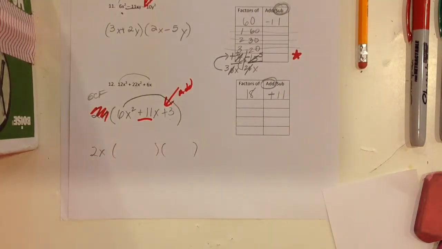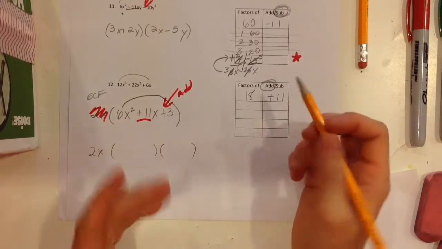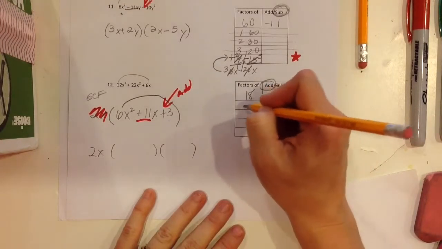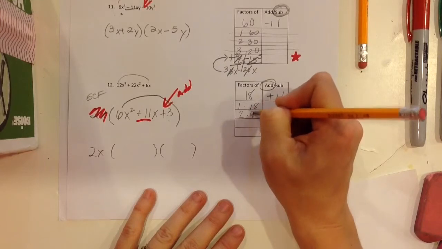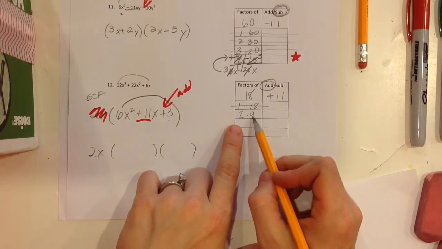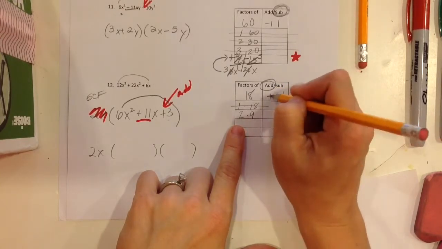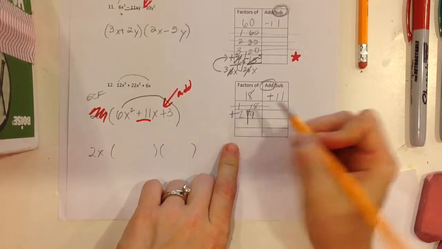And let's see, 6 and 3 will not give me 11, it will give me 9, so we can't use that trick on this one. So my factors of 18 are 1 and 18, 2 and 9, and I can add 2 and 9 to get 11. So these are going to be my two factors, and when I add them, they both have to be the same sign, and they both have to match that middle term, so they both need to be positive.